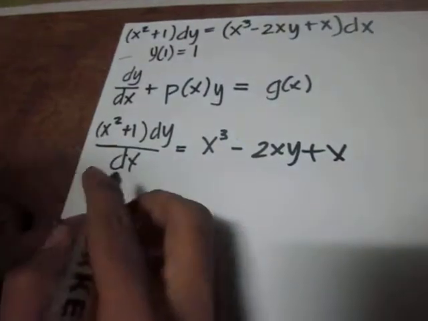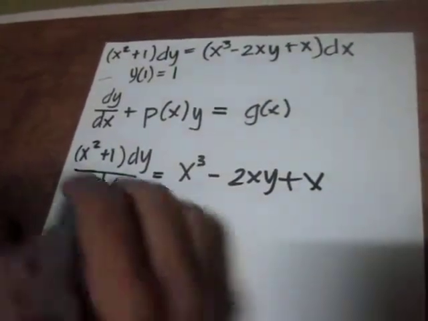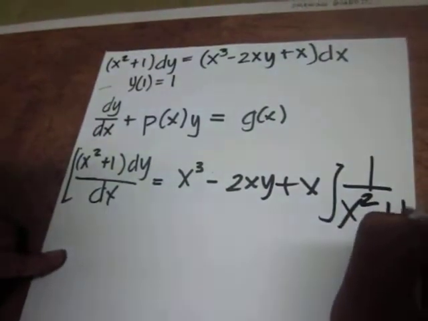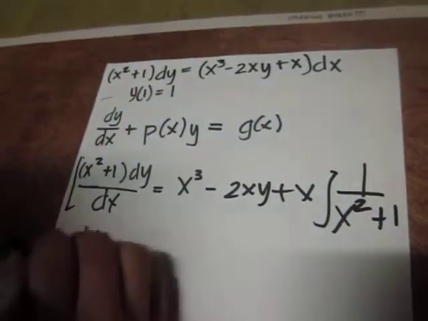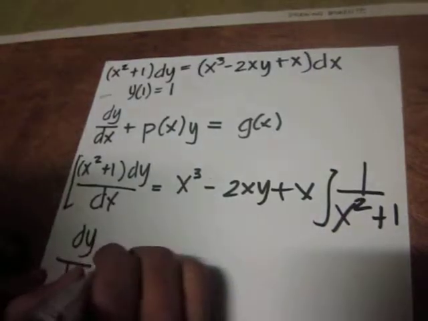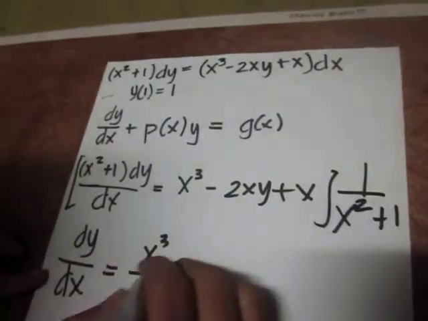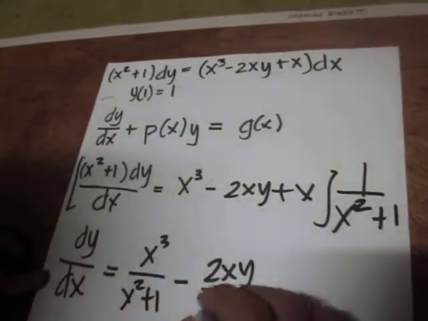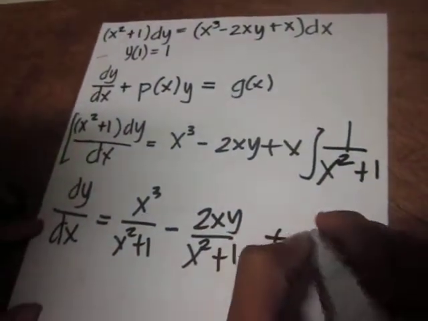So multiply it by 1 over x squared plus 1, so we have dy over dx is equal to x cubed over x squared plus 1 minus 2xy over x squared plus 1 plus x.